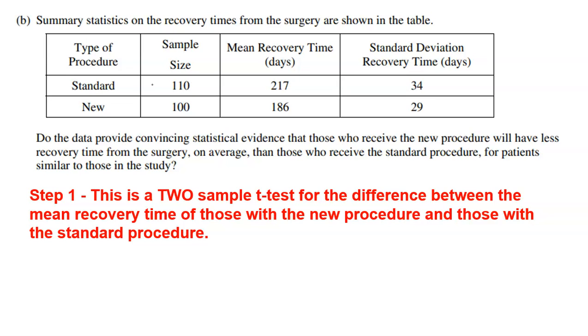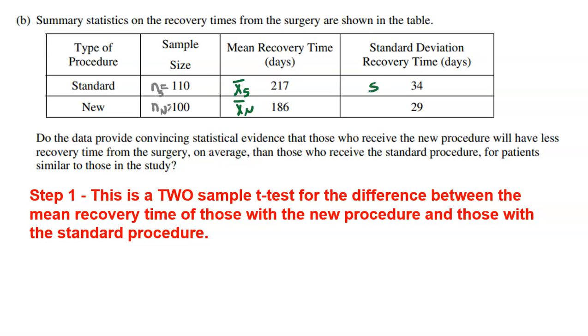So first we have our sample sizes, n and n. So that would be n for the new versus n for the standard procedure. Then we have the mean for our standard procedure and the mean for our new procedure. Just based on looking at those numbers, it does seem that the mean of our standard sample was longer than the mean of the new surgery group.